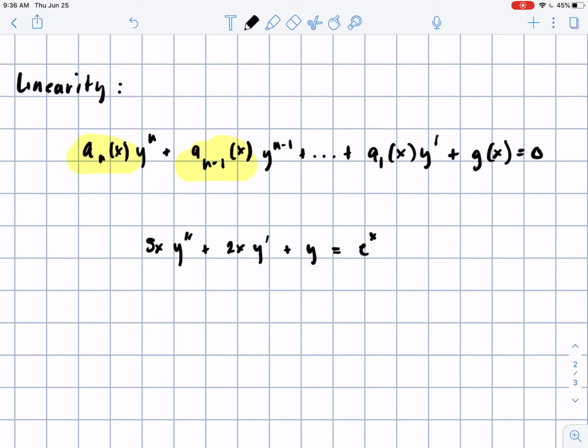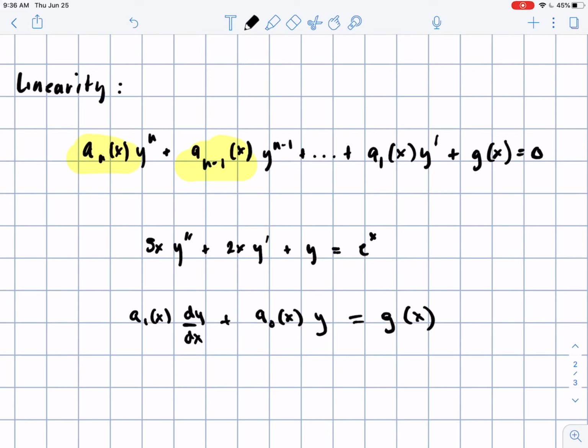That would be an example that you would get. If you're looking at, say, a first order, you would have some function times the first derivative plus some function times the original function, and then it doesn't really matter the look of it, but you would then have equals some function of x.